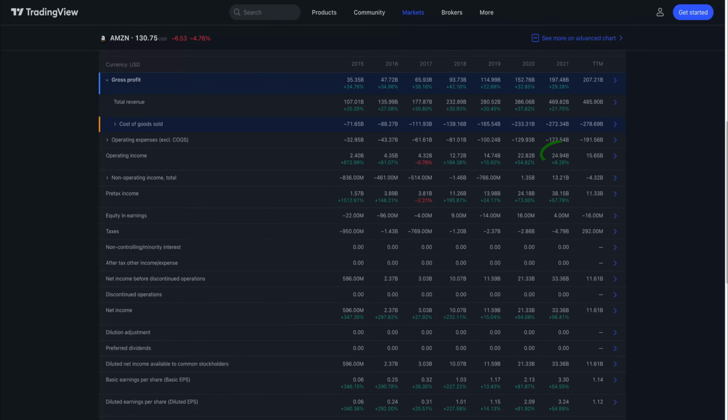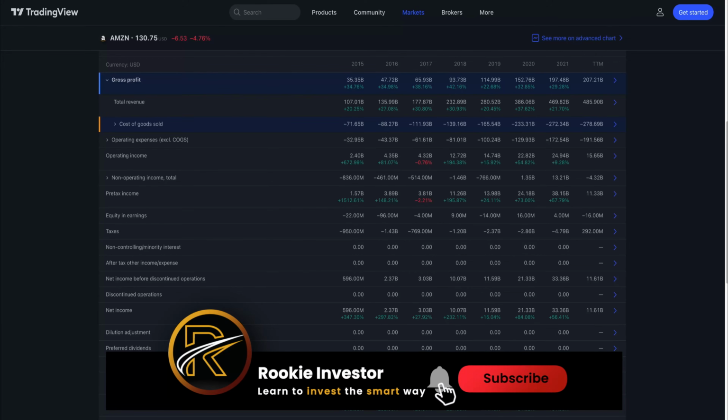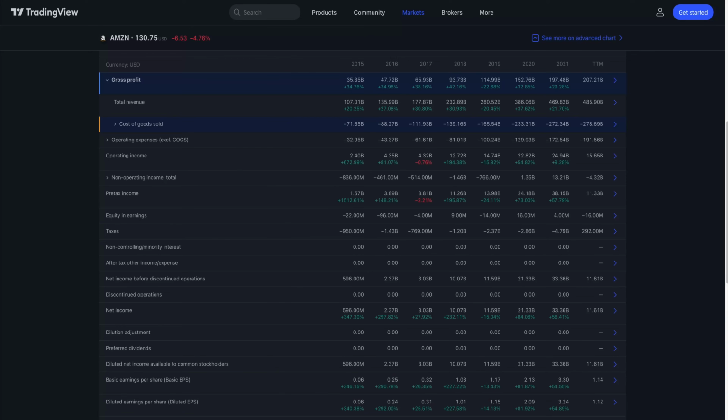Adding operating income with non-operating income will give you the pre-tax income, which is the company's revenue after we deduct all operating and non-operating expenses, and is considered a more accurate measure of business performance and health. As is well known, all companies have to pay taxes, some less than others, but in our case, Amazon for 2021 paid $4.79 billion.